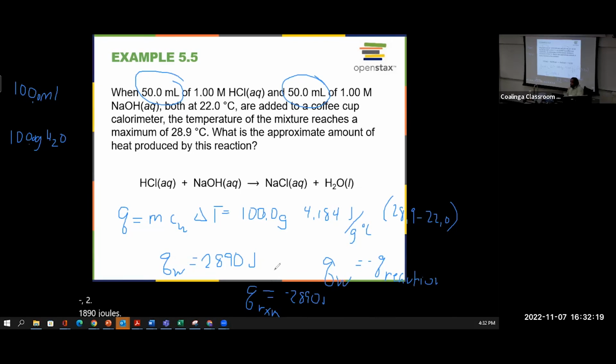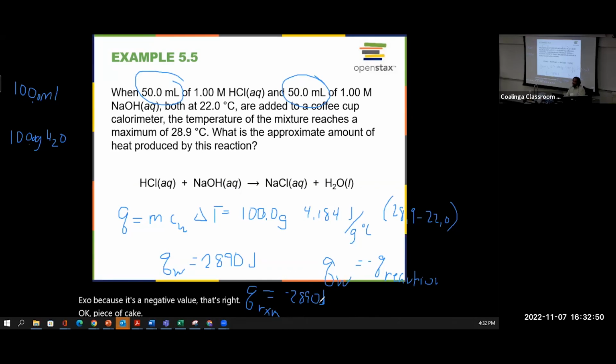Okay, so does that mean it's an endothermic reaction or an exothermic reaction? What was that? Endothermic or exothermic? Exo, because it's a negative value. Okay, piece of cake.